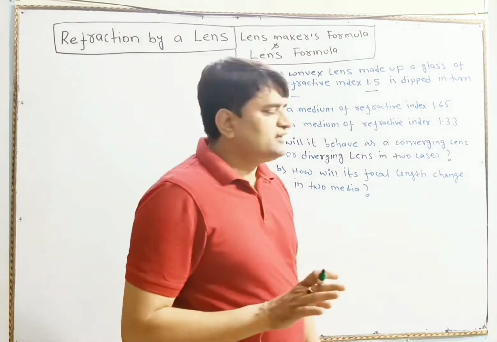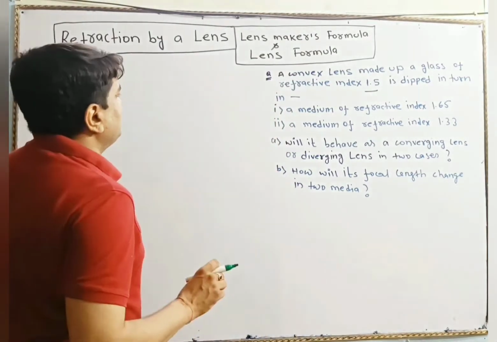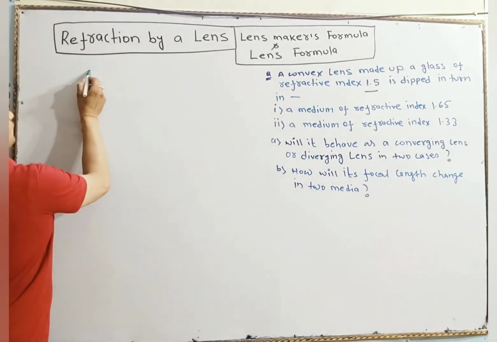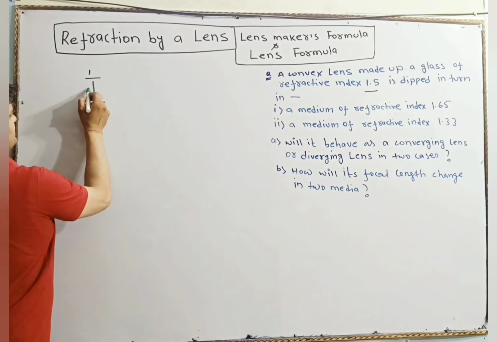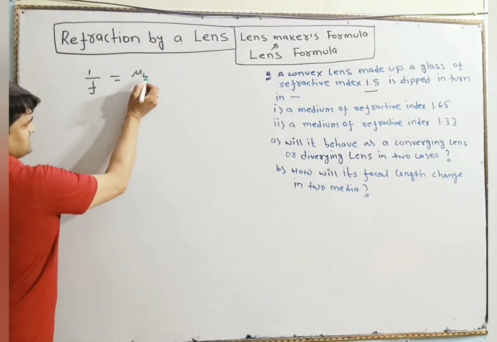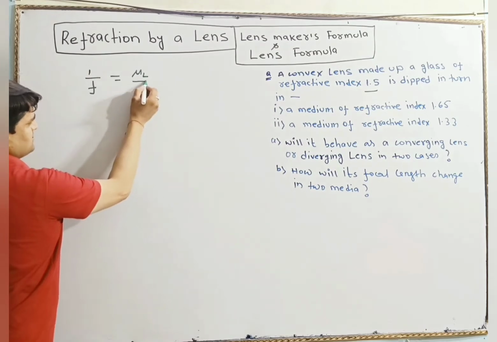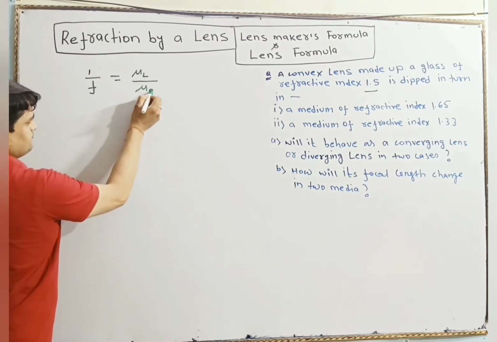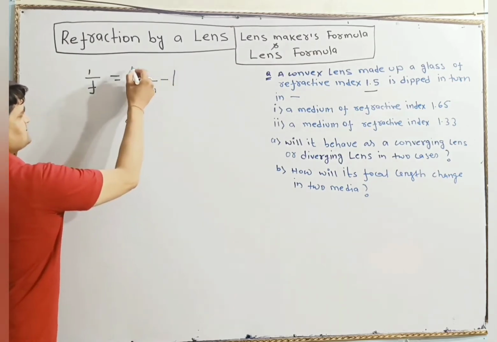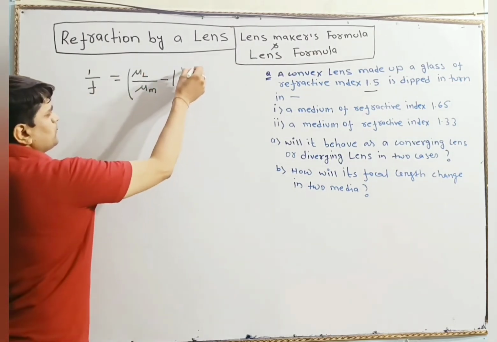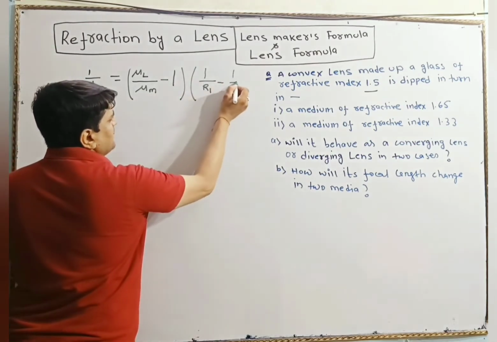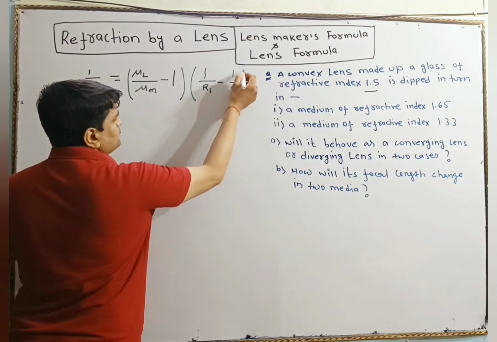Simple. Now we have the Lensmaker formula: 1 upon f equal to (mu_L, that means refractive index of lens, upon mu_M, refractive index of medium, minus 1) times (1 upon R1 minus 1 upon R2).